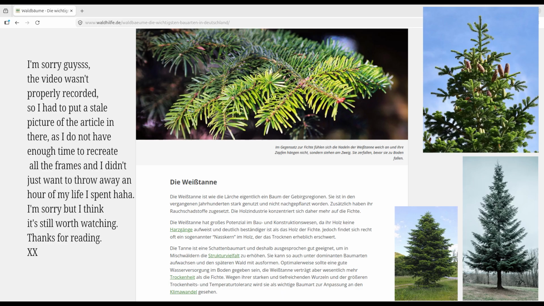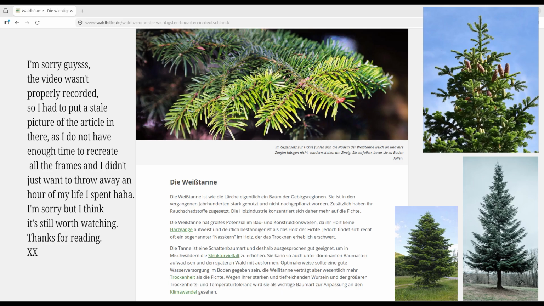Und den späteren Wald mit ausformen. And the späteren, later, Wald, forest, mit ausformen. Can you say form out? I don't think so, but to form in general you could say.